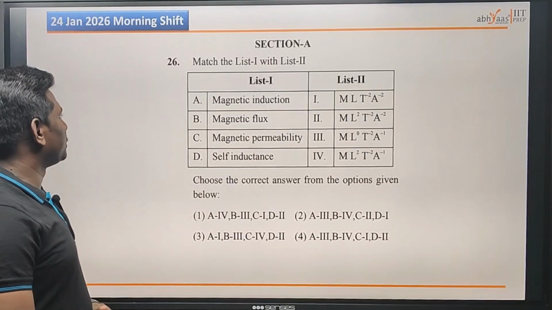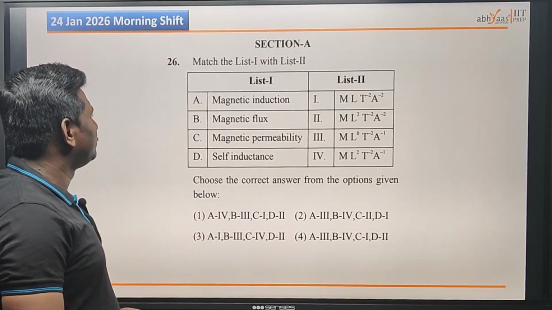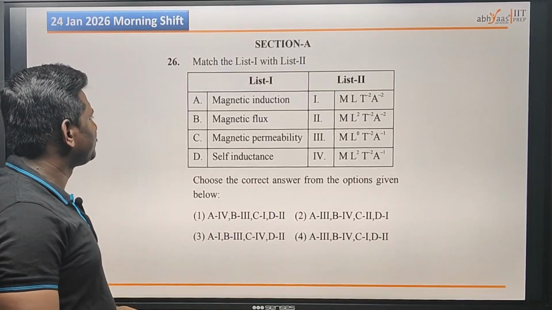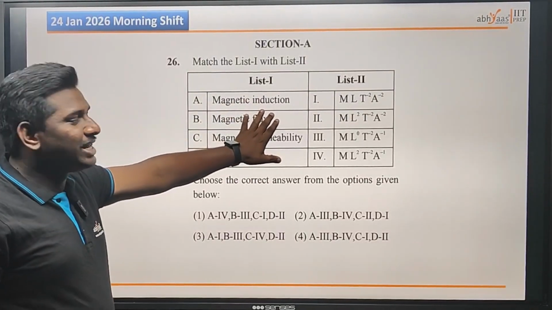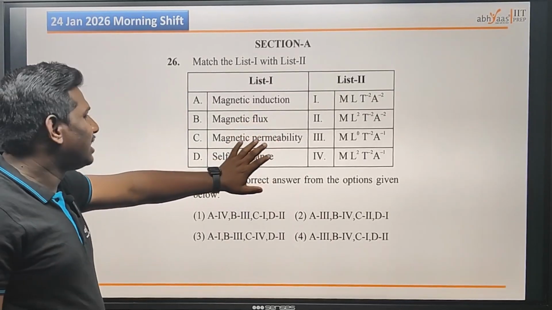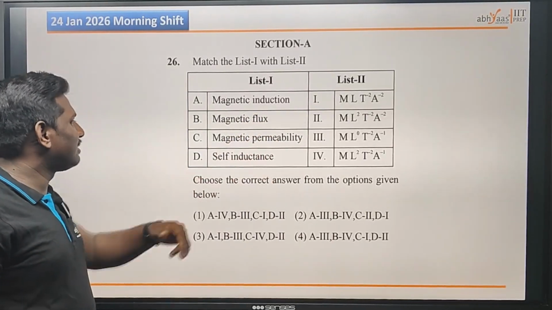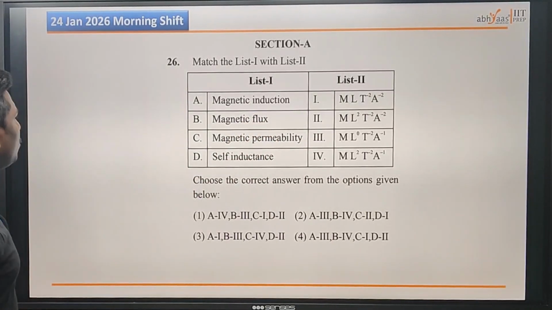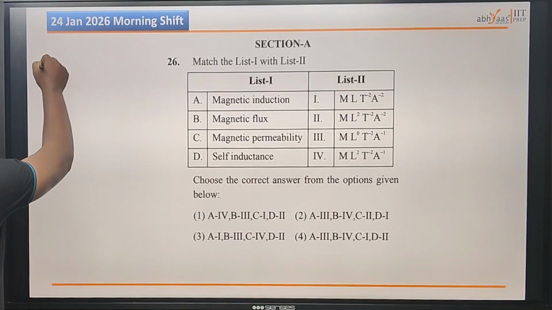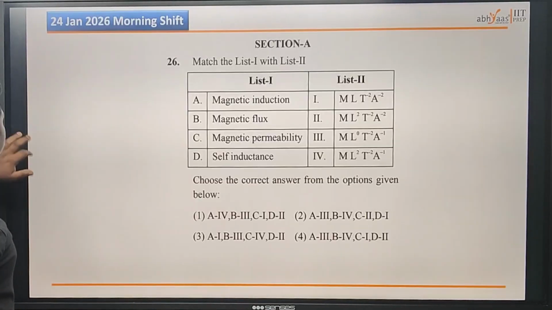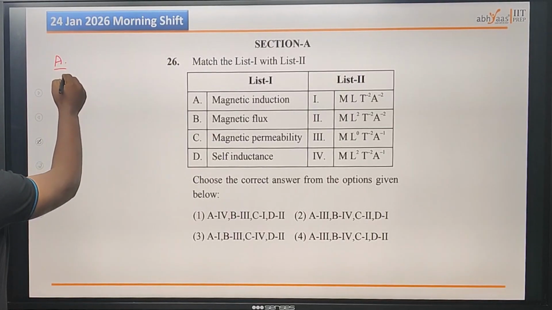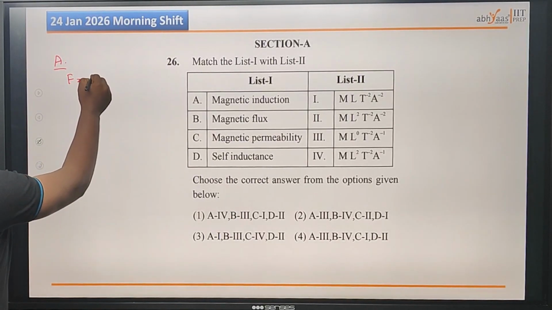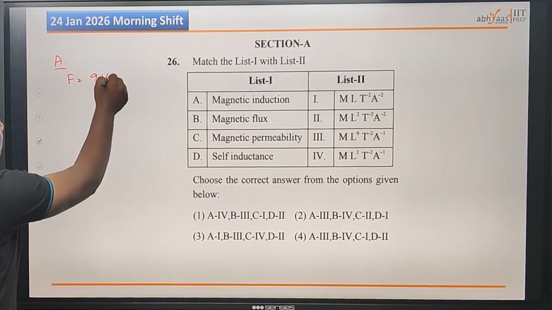See this first question, number 26 from section 1. What is the dimensional formula for magnetic induction, magnetic flux, magnetic permeability and self-inductance? So we know the formula for magnetic induction: force equal to QVB.